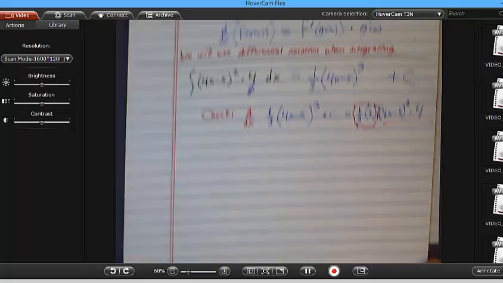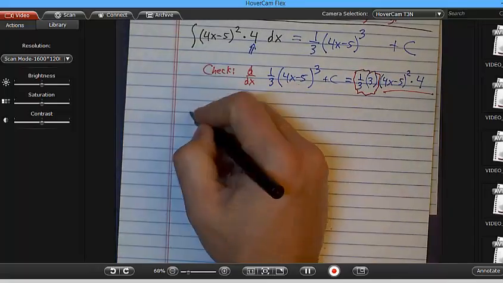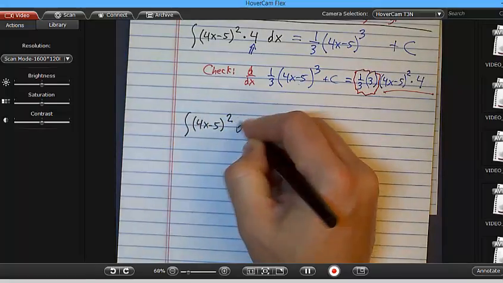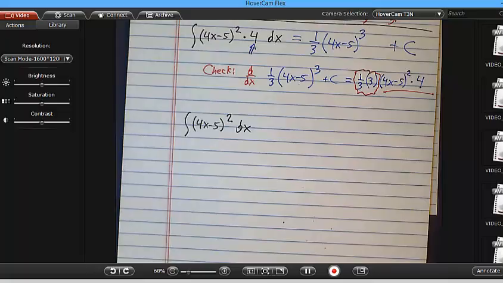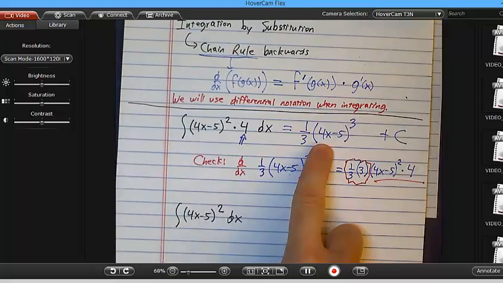Now, what would you do if you had been given the same problem without the 4? Well, now it won't work, right? I can't just integrate it the same way, because if I were to check my work, the 4 wouldn't be there, right? Here, you do the same thing. In other words, this is not the answer. Are you with me?